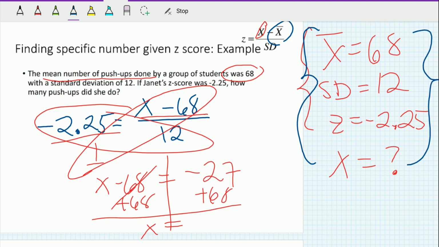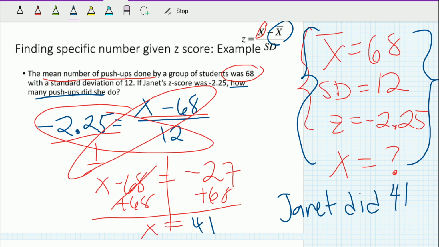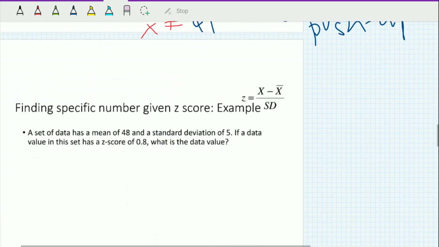It'll organize your thoughts and it'll organize your work. And then the last one is just 68 minus 27, or negative 27 plus 68, whatever you want to do. So x is equal to 41. How many push-ups did she do? Janet did 41 push-ups, which is a lot to begin with. Notice how different this problem is solved from the previous problem.